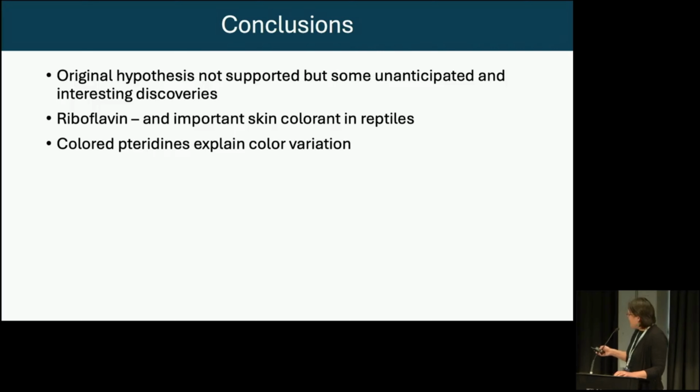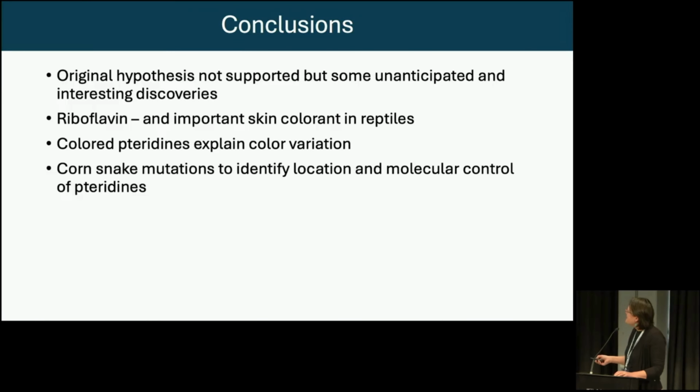There were some findings that were more expected, such as the correlation between skin colour and pteridine concentrations, and there's a lot that we're pursuing at the moment to try and understand more about the location and molecular control of these pteridine pigments and xanthophore cells.